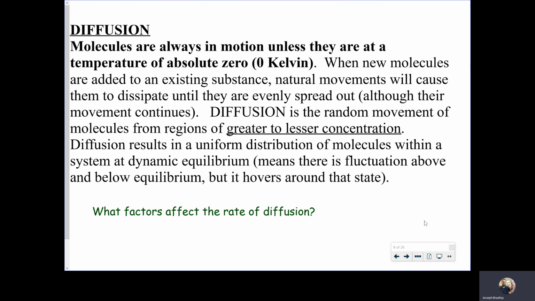So as it dissipates, there are fewer collisions, and therefore the concentration ultimately reaches a point of what we would call dynamic equilibrium. So the next question we have is, what factors affect the rate of diffusion? So at this point, you should pause the video and think about those on your own. See if you can jot down some possible ideas.